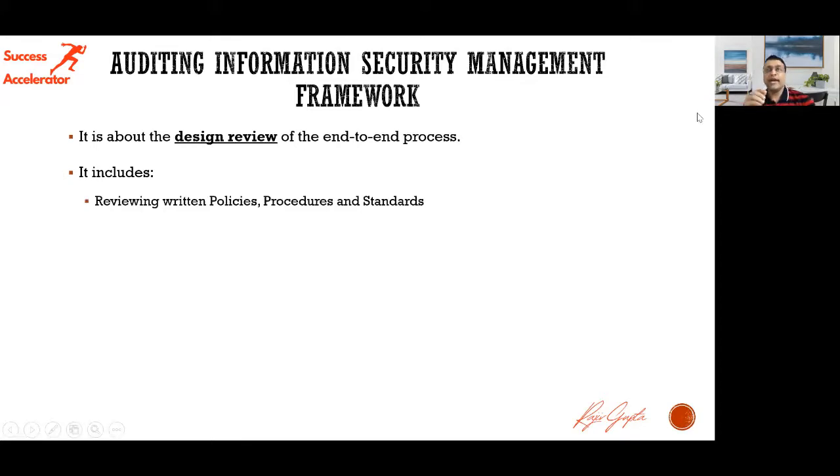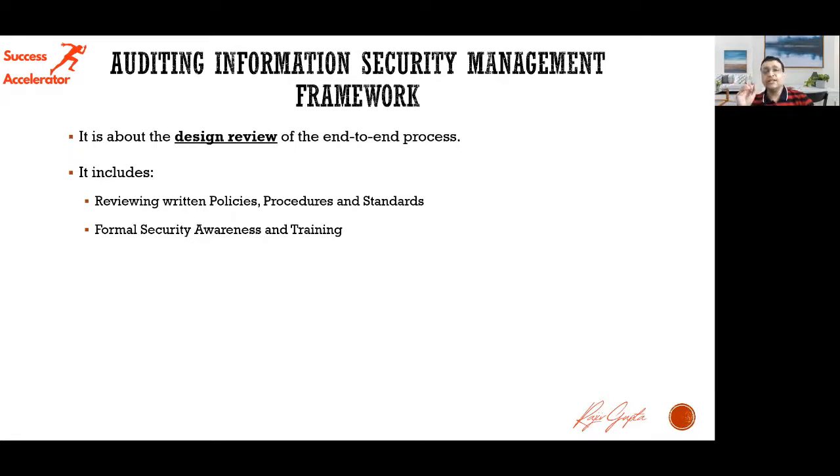Since this is primarily a design review, you focus on the written policies, whether they are comprehensive, whether they are covering all the key aspects. You focus on how well the training program is organized for the end users. Guys, please remember, and if you want to note, please note that the security of any organization is as good as the weakest link.